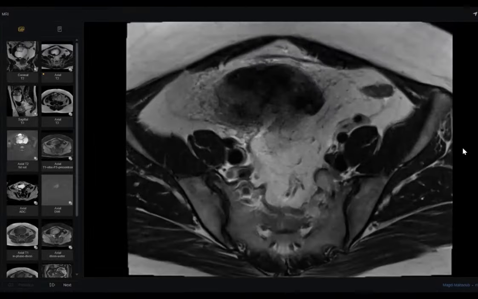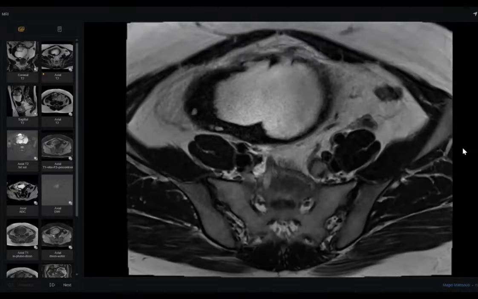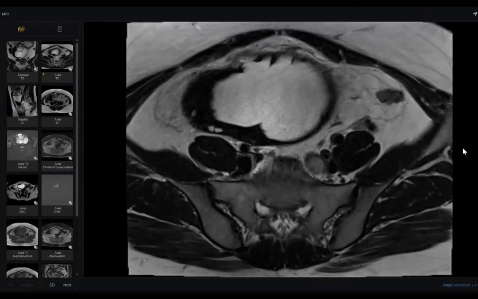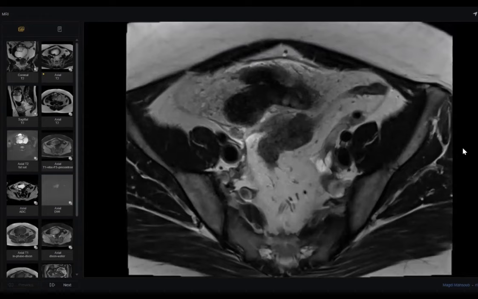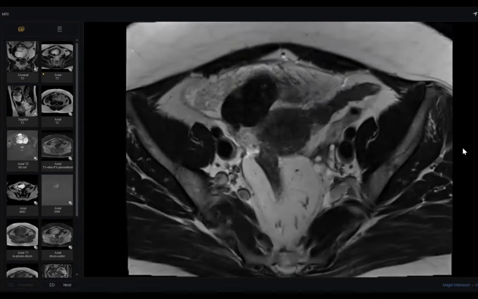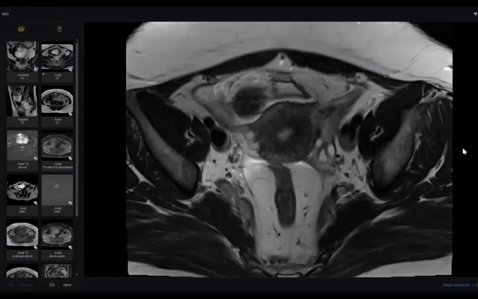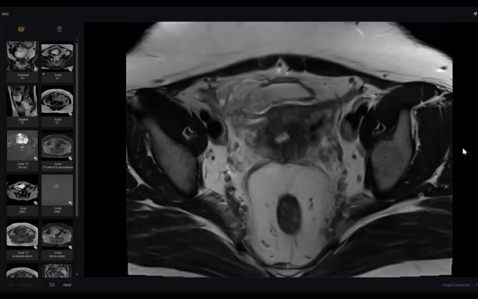It appears to be within one because of the peripherally located cystic foci. I'm concerned if it's of an ovarian origin. I would like to scroll through the images once again to look for right and left ovaries separately, if visible.